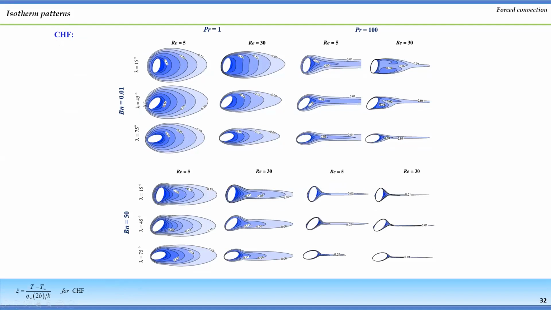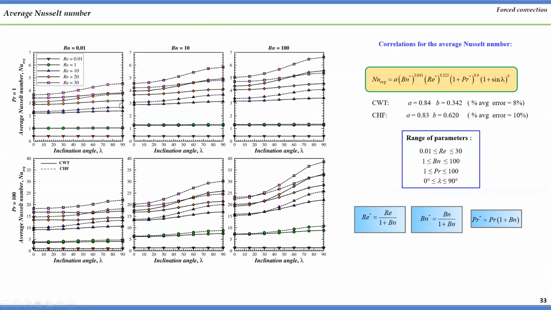So if your fluid media is non-Newtonian and these elements are long cylindrical objects having constant temperature or constant heat flux condition, then you are able to see how this kind of object will affect the flow pattern and thermal pattern in the flow. And finally, we propose the average Nusselt number for this kind of orientation, different orientations over the range of parameters.